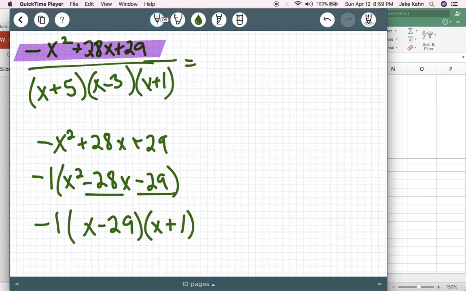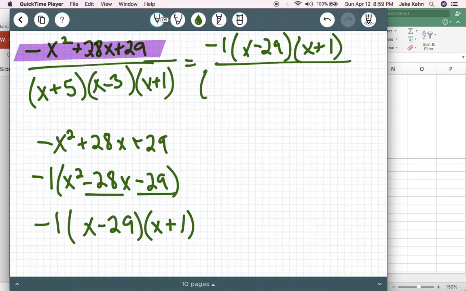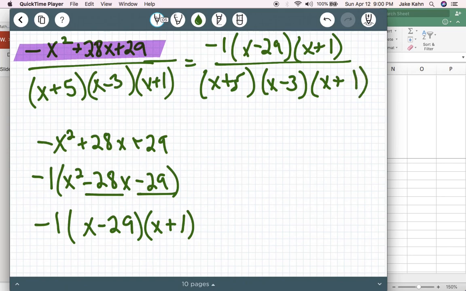So now that goes on top. That's our factored form of that polynomial. Negative 1 times x minus 29 times x plus 1. And that is divided by x plus 5 times x minus 3 times x plus 1. And you can see now that we didn't do this for no reason at all.